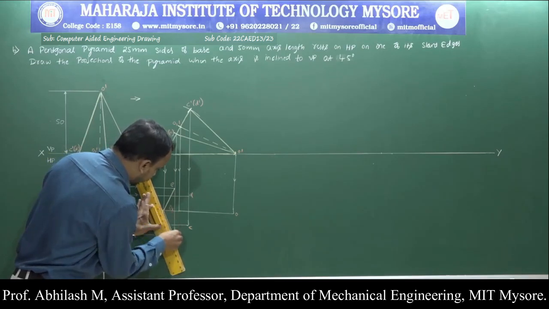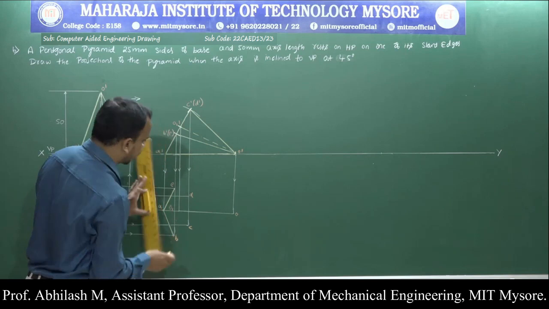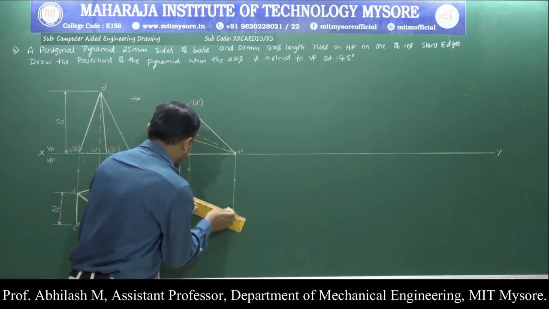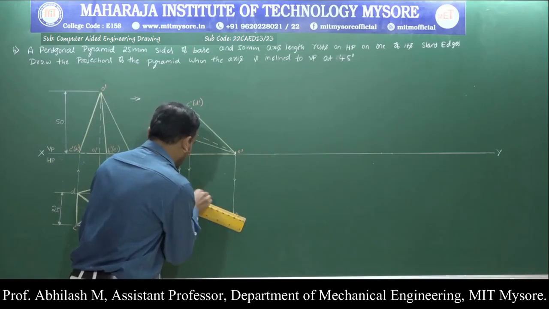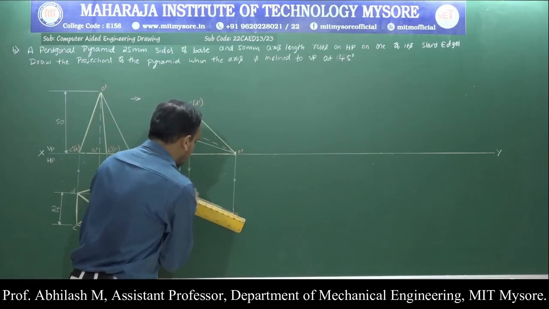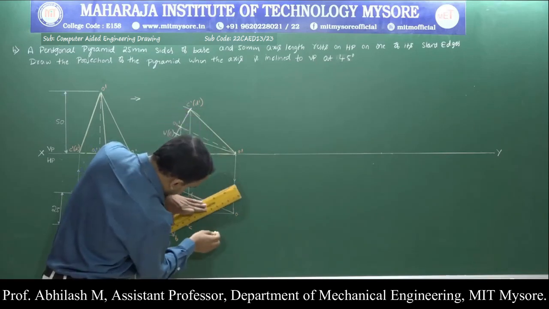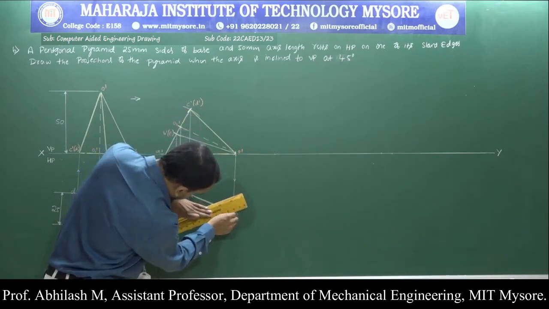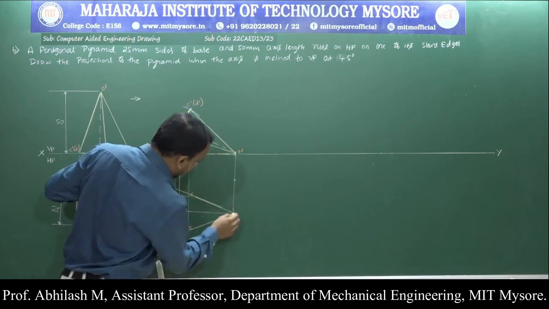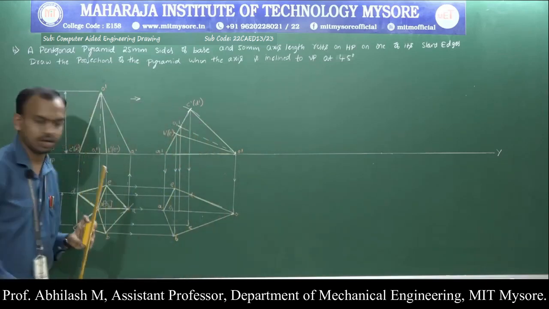From A to B, again from E to O it is the outer boundary. Again from B to O.